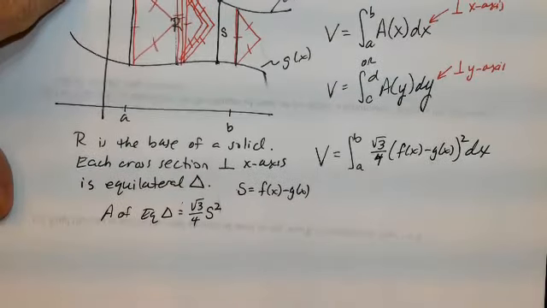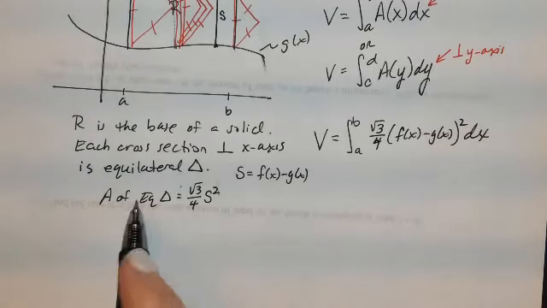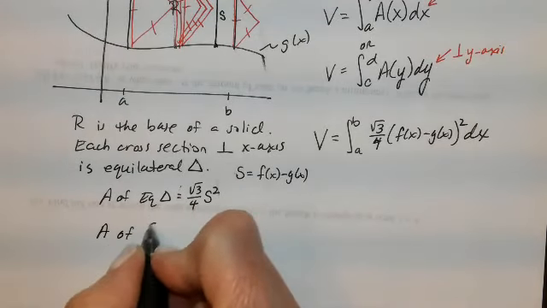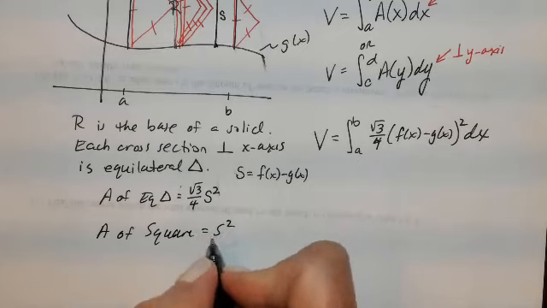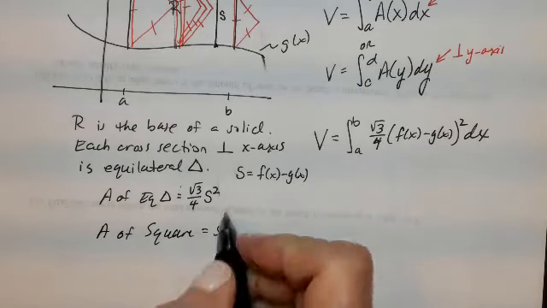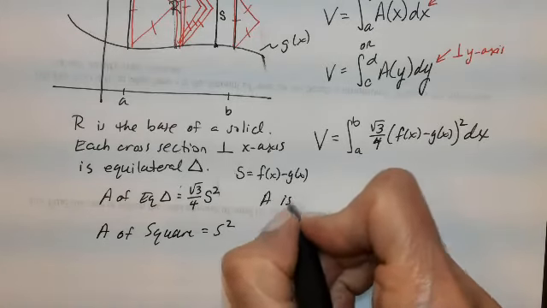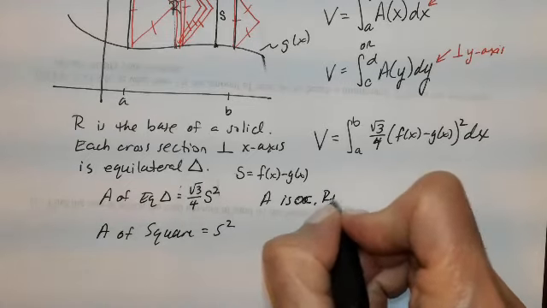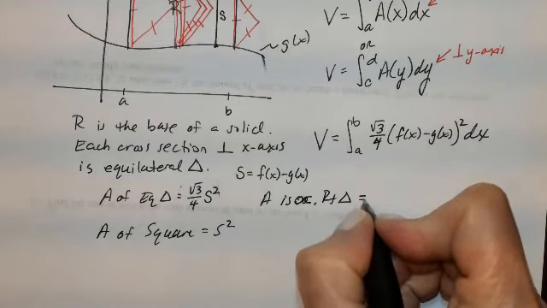So that was for a cross-section of equilateral triangles. Let's quickly review our other areas. The area of a square is just s squared. We would just take our s and square it, put that in there. An area of an isosceles right triangle. If you recall, there were two of these.